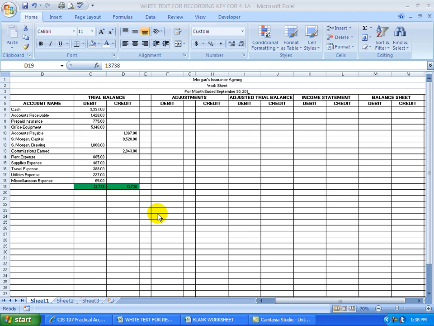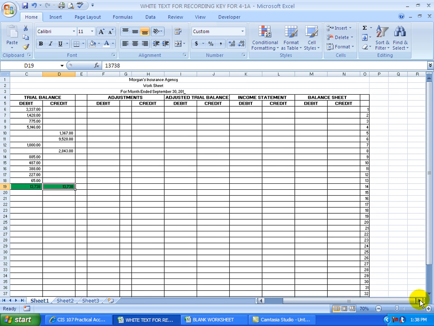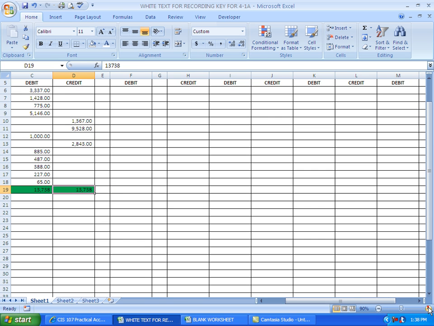Examples of this would be insurance that you've used up, or depreciation, or maybe even accrued salaries. So what we're going to focus on in this one today is insurance that's been used up and also equipment that's been depreciated. So I'm going to increase my magnification here just so you can see a little bit better.